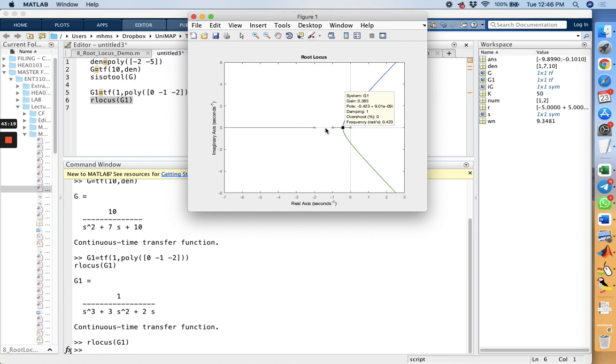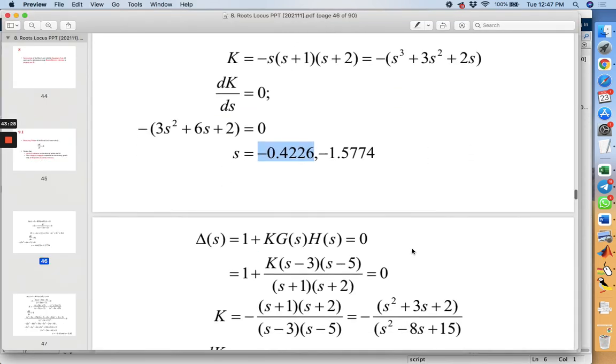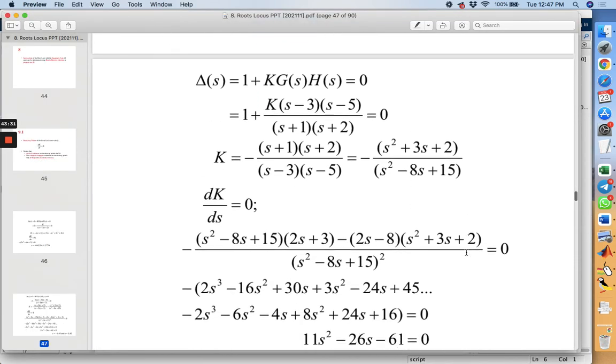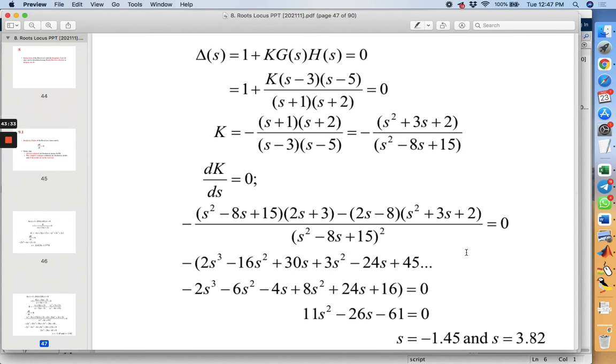This is not a valid breakaway point because it is not on the root locus. This is another example of how to find the breakaway points, so I need you to go back and look at these slides to understand how to find the breakaway point.